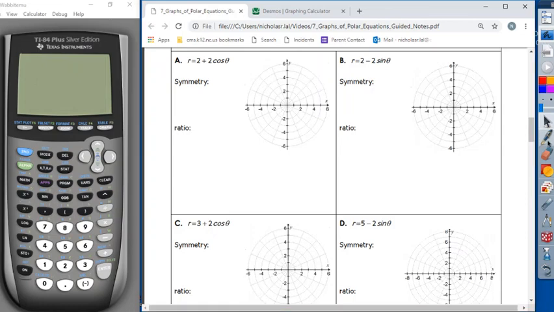A. r equals 2 plus 2 times the cosine of theta. In this shape, we're going to have symmetry with the polar axis.